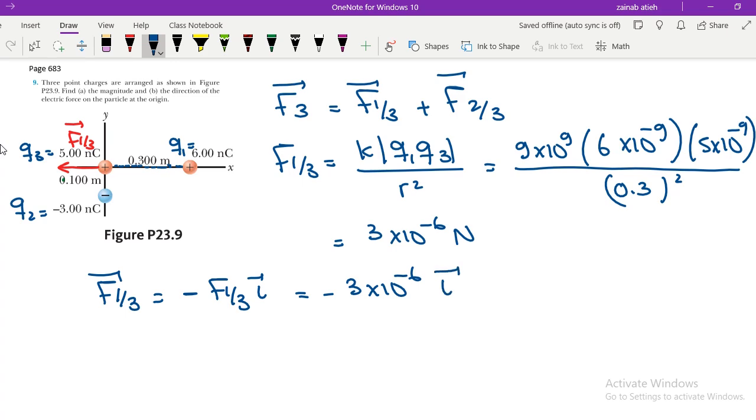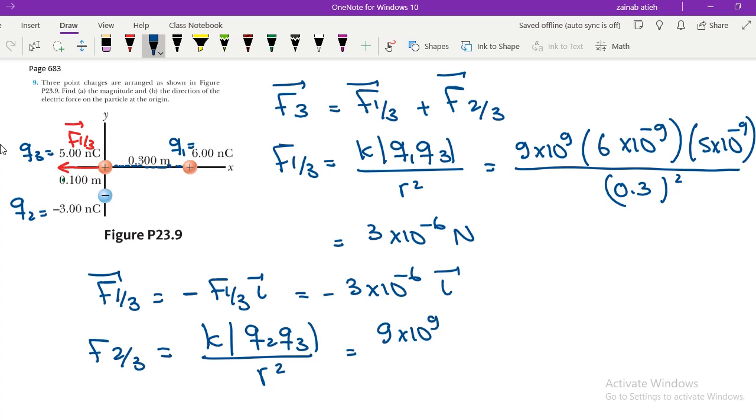Now I have to do the same for F2 on 3. Okay, first, as usual, I find the magnitude. So F2 on 3 is equal to K absolute Q2 Q3. Remember, it's the interaction between 2 and 3. So Q2 Q3, the distance between them, I will call it R squared, equals 9 times 10 to the power 9.